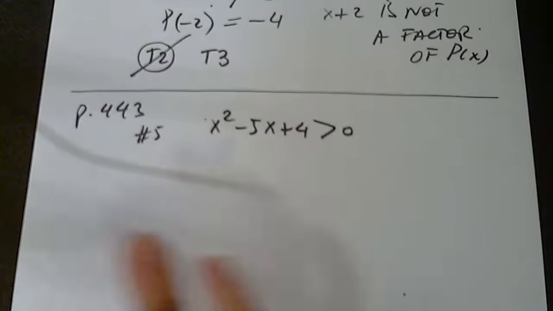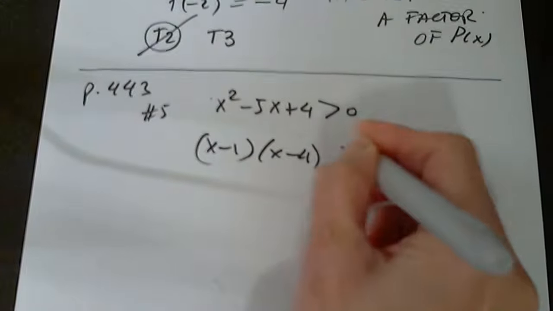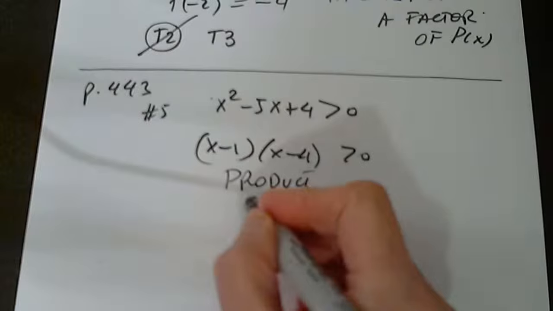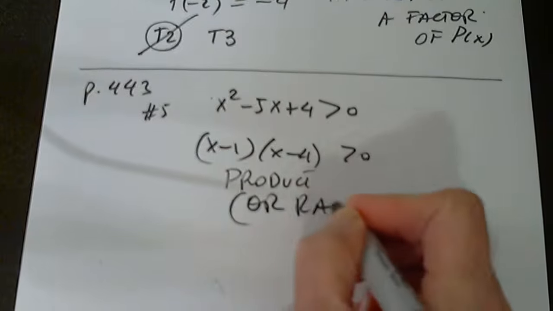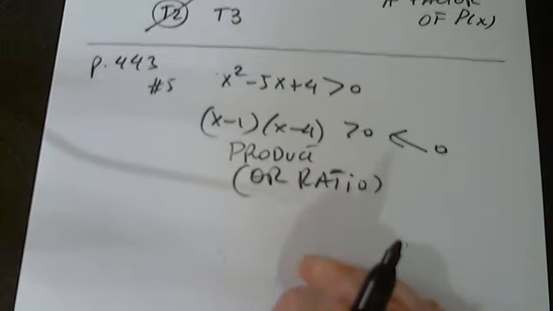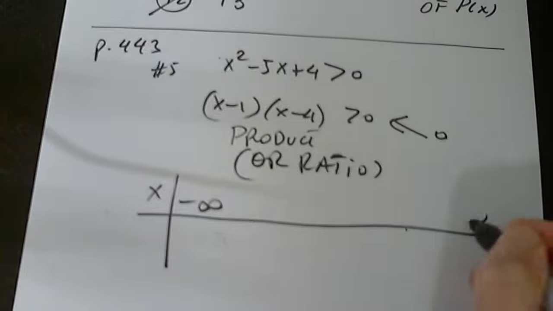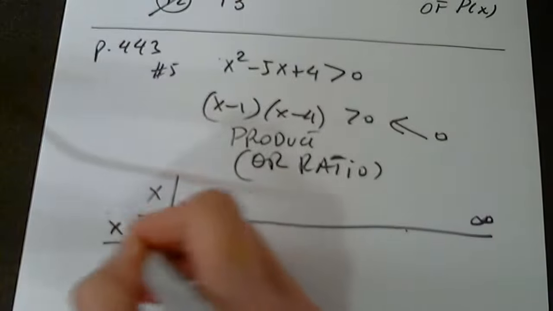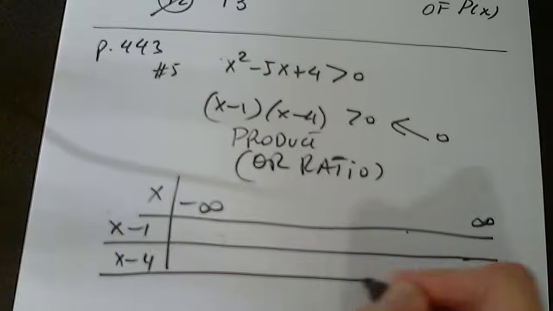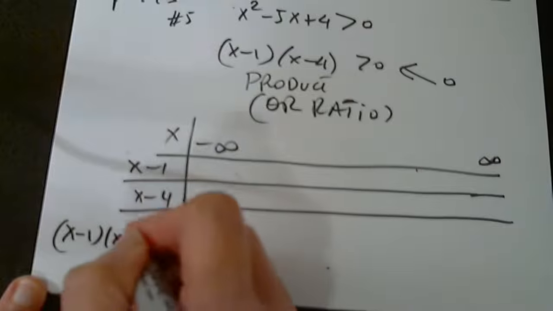So all I have to do is factor this into x minus 1 and x minus 4. I have a product or ratio and 0. I can use the table right away. X is the variable in the problem, x minus 1 and x minus 4, and the product, x minus 1 times x minus 4.